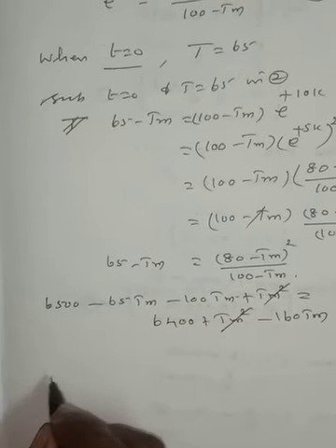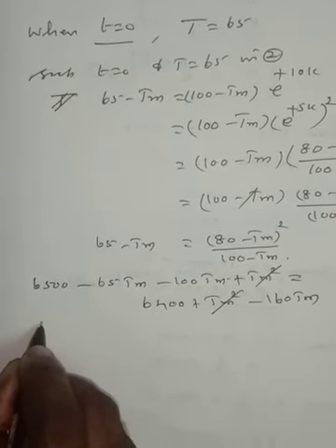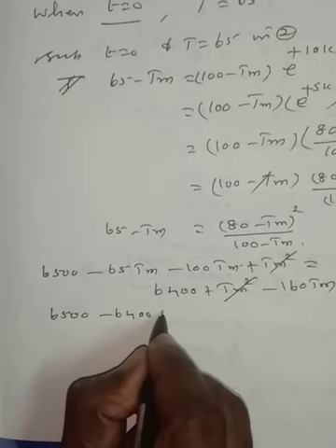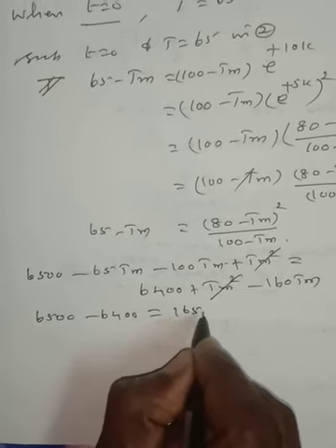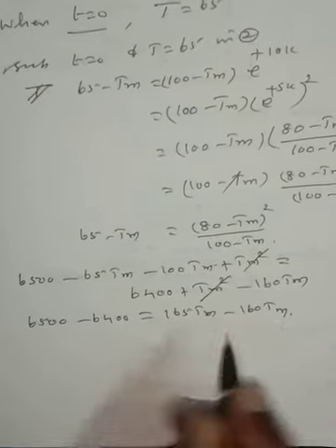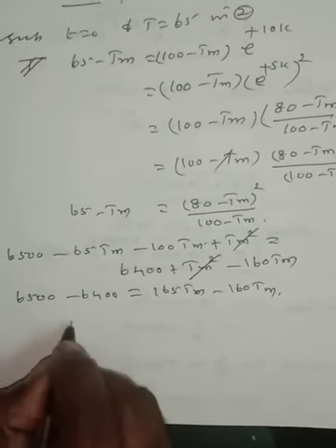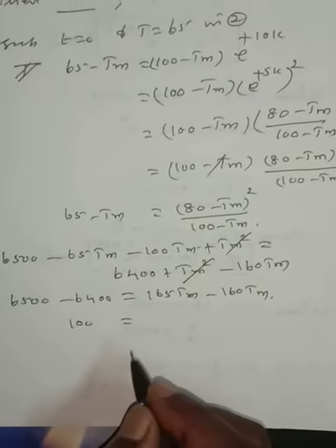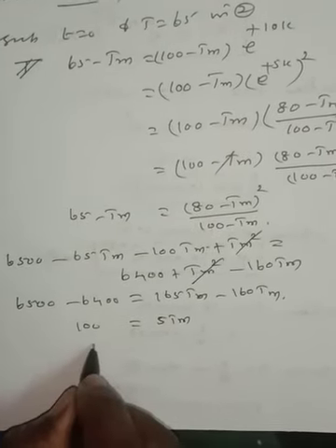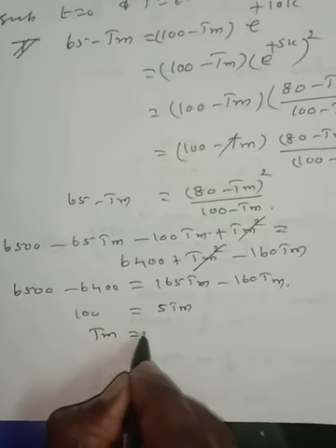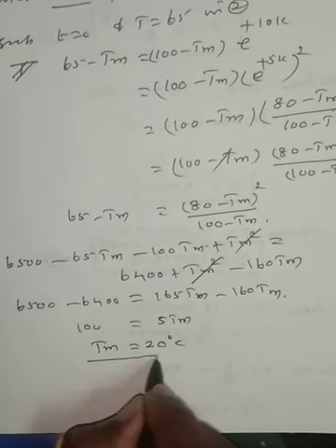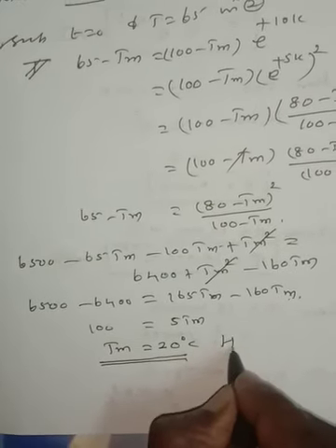Tm square cancels. 6500 minus 6400 is equal to 165 Tm minus 160 Tm. 100 is equal to 5 Tm. So Tm is equal to 20 degree C. Hence the result.